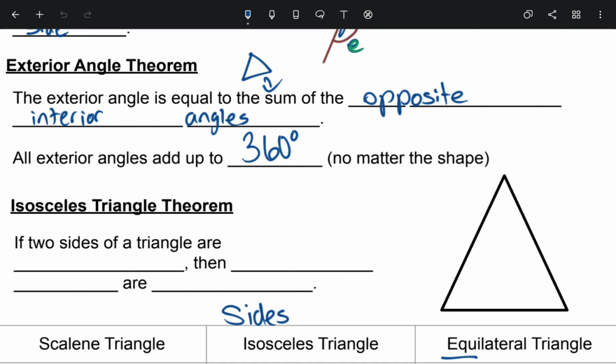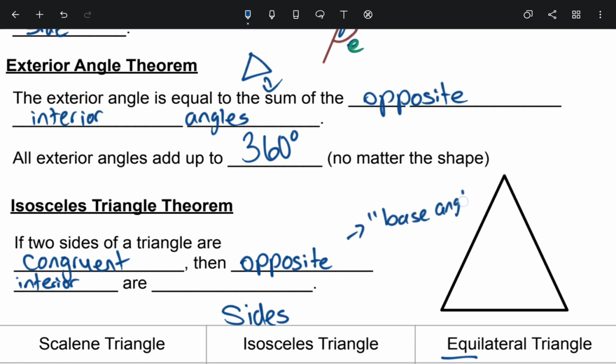The isosceles triangle theorem is where when you have two sides of a triangle that are congruent, then we can say that the opposite interior angles, also known as the base angles, are congruent as well.